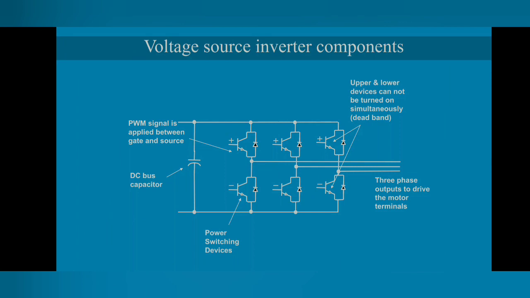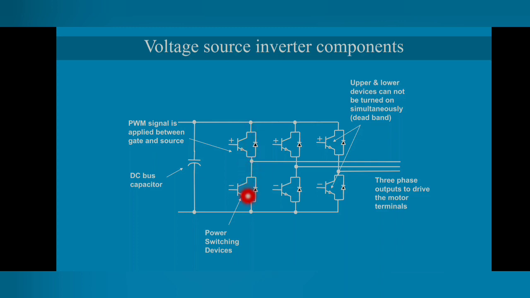For example, here we have a voltage source inverter, these are the DC bus capacitors, and these are the power semiconductor devices. We have 6 power semiconductor devices here, and we are applying the PWM signal between the gate and the emitter of the semiconductor devices. One more thing: we cannot turn on both the switches at the same time.